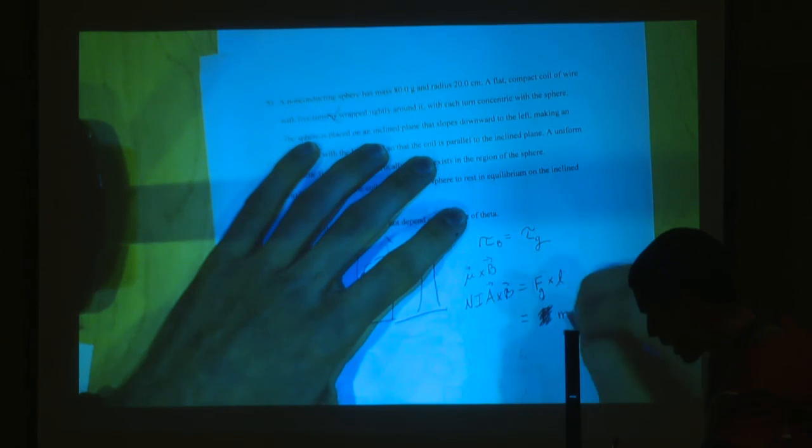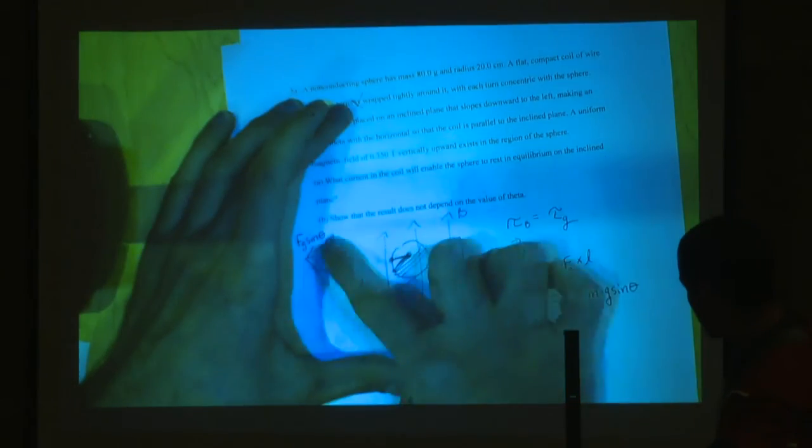It's just mg, okay? So mass times gravity. Gravitational potential energy is mgh. So we'll see m times g, that's our force, sine of theta for our proportion that's going down the hill, times our lever arm, which is simply our radius.